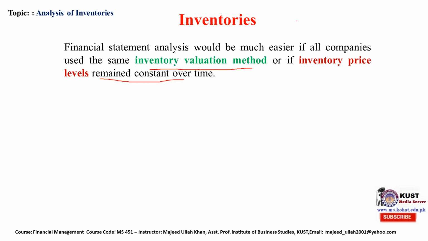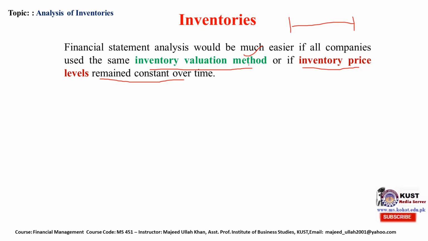There are two factors that have an impact on financial statement analysis due to different valuation methods of inventory. One is the inventory valuation method, and the other is the inventory price level. If the price level remains the same, weighted average, LIFO, and FIFO will give the same result.